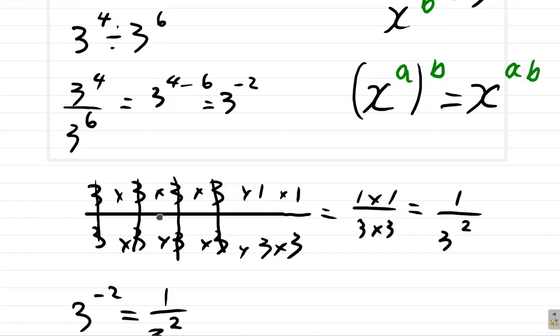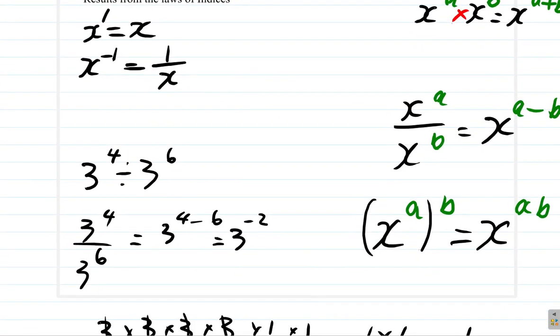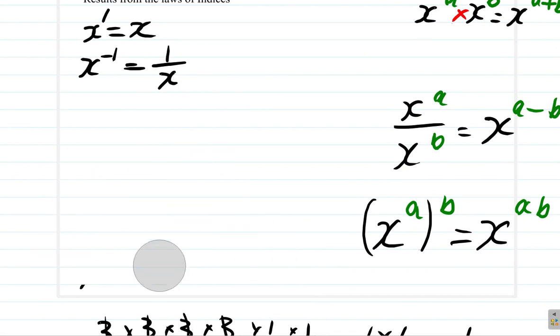Now, if you try it with other numbers, you get a similar result. So what I can say is x to the negative 2 is the same as 1 over x to the positive 2. Alright?